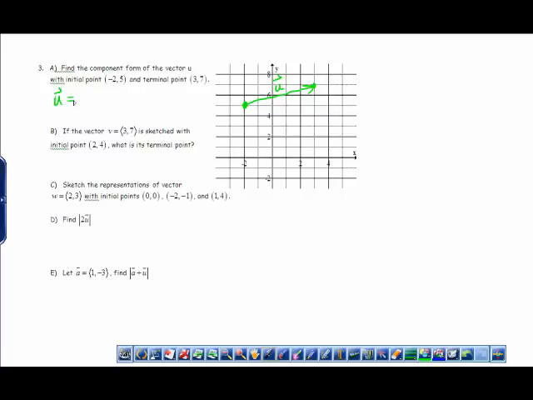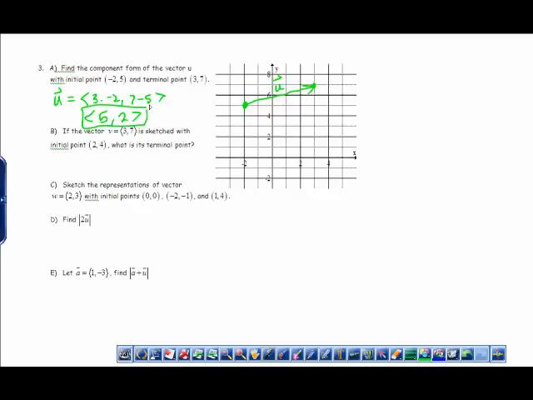Vector u is 3 minus -2, comma, 7 minus 5. This would give you 5 and 2. That is the component form.